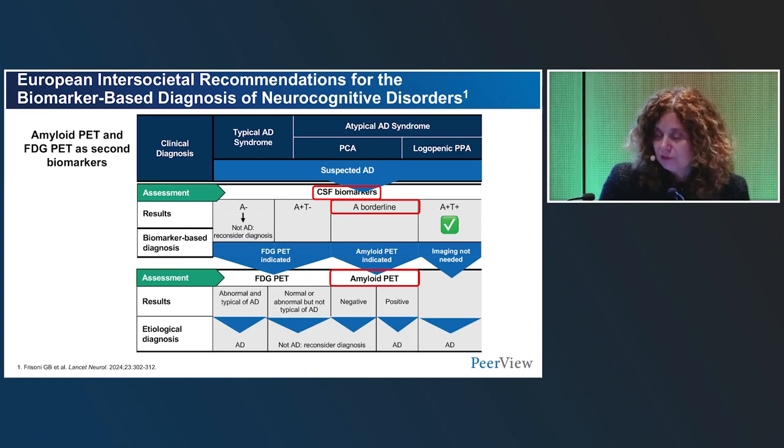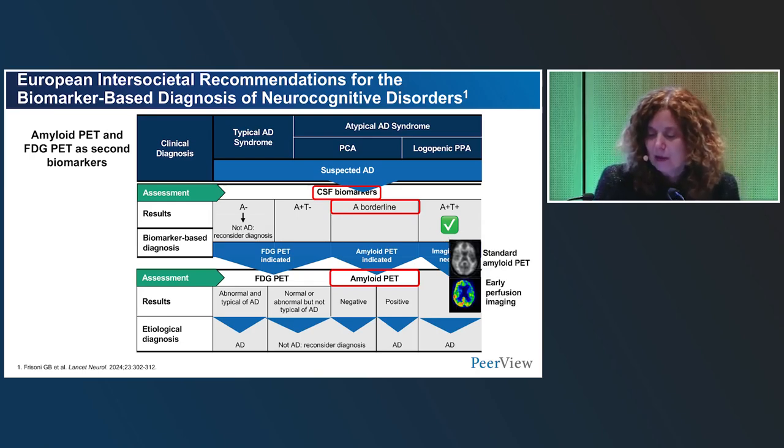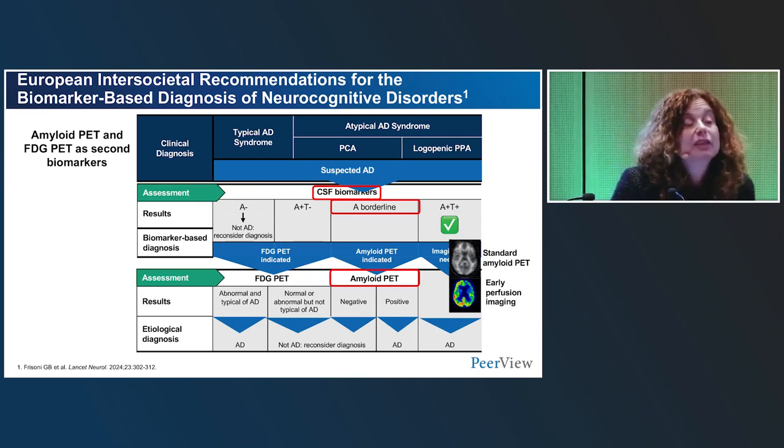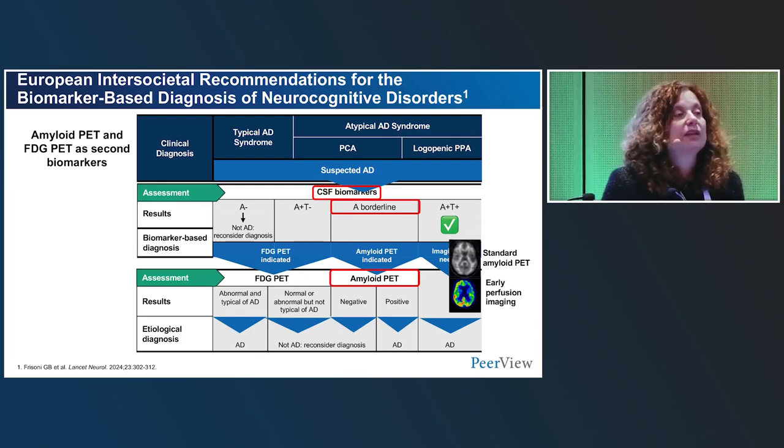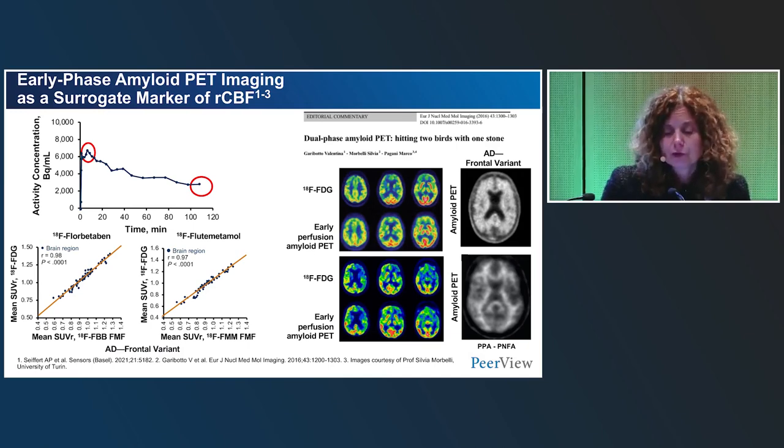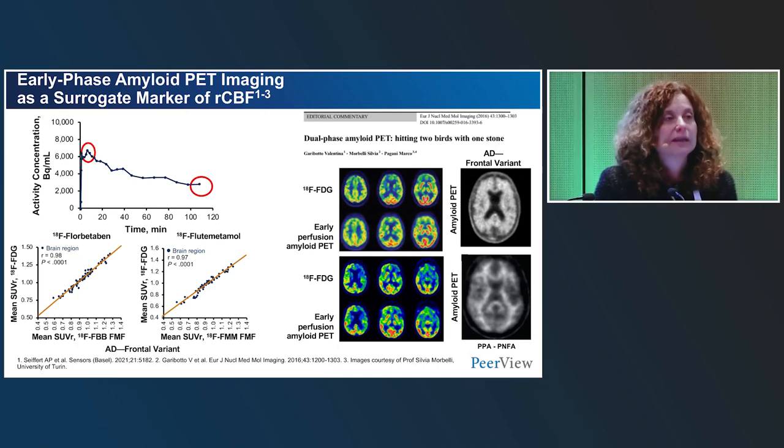And I would like to add very quickly that, as we probably all know now, there's a possibility to acquire amyloid PET with the dual point acquisition, in which the early perfusion scan is a surrogate for FDG, because these tracers are all highly lipophilic, and in the first, let's say, 5 minutes, the distribution is similar to brain perfusion, and we know that metabolism and perfusion are coupled.